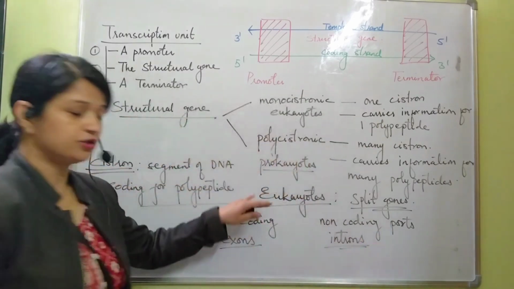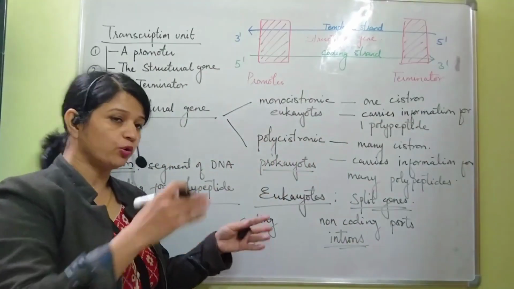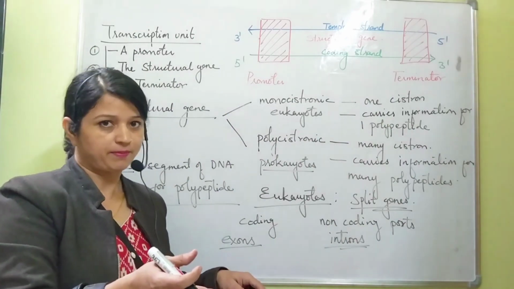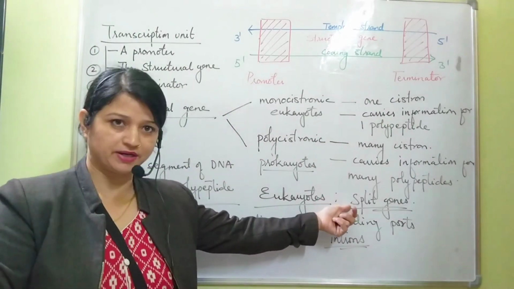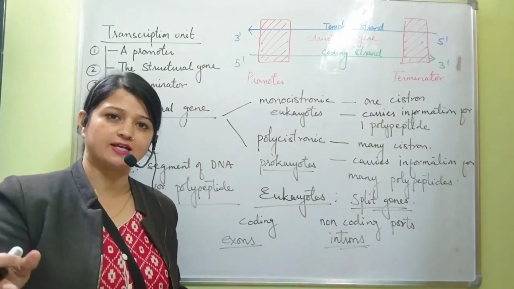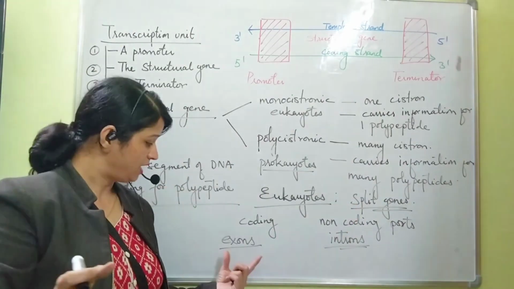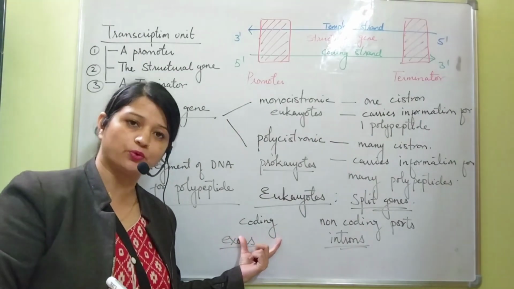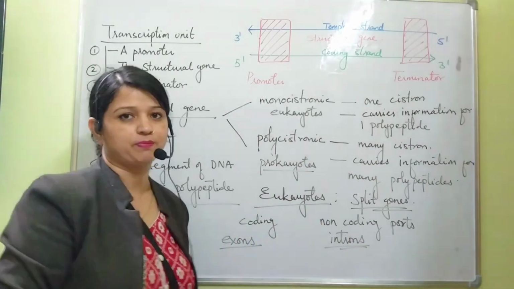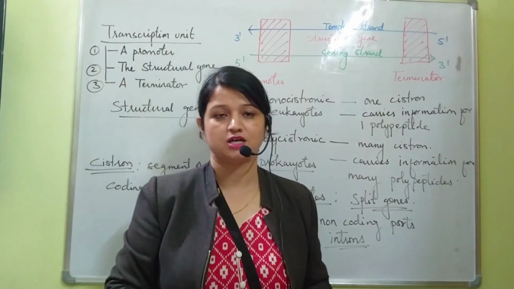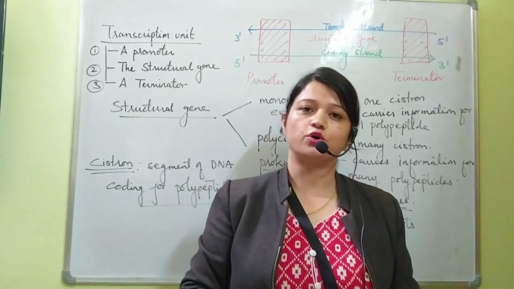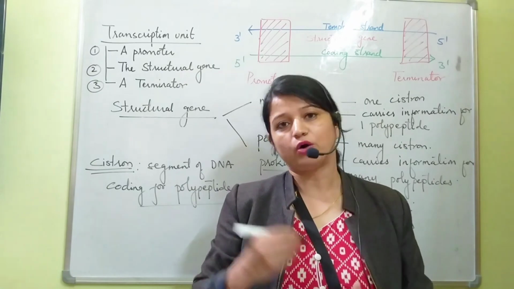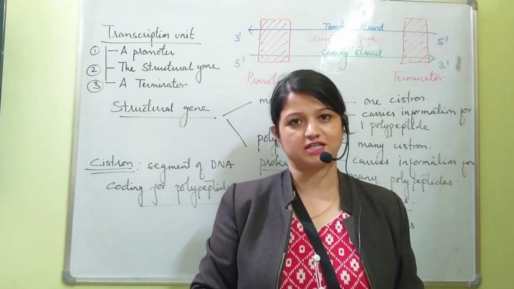So here in eukaryotes we can see that both the coding and non-coding parts are present, and that's why that type of gene is known as split genes. When the messenger RNA is synthesized or formed, what happens? It contains only the coding parts while the non-coding parts are not present. So this was all for today's video. In the next video we will study how the process of transcription takes place.